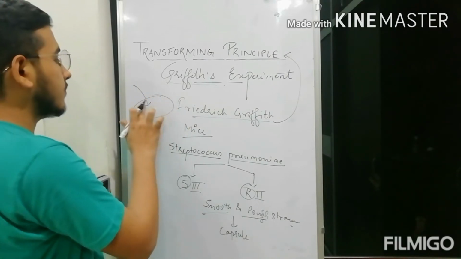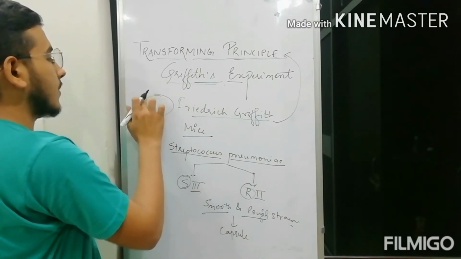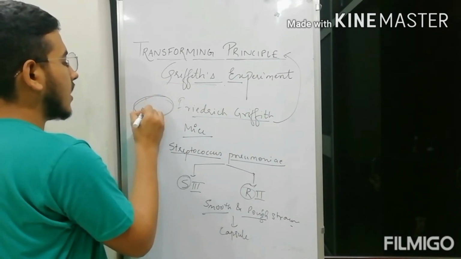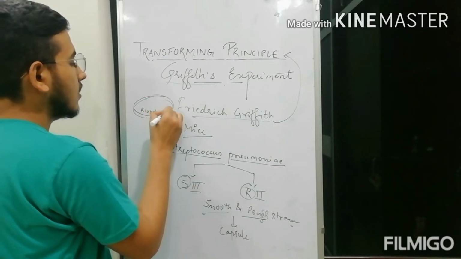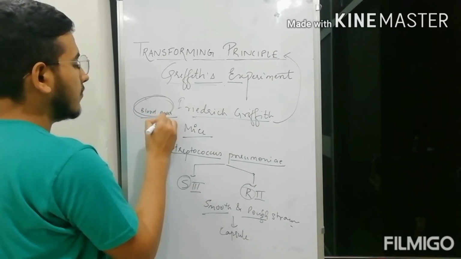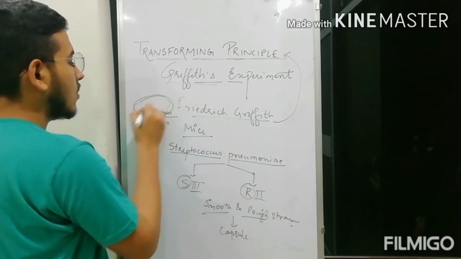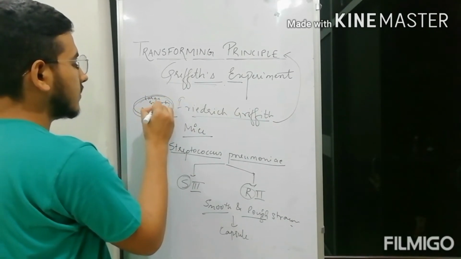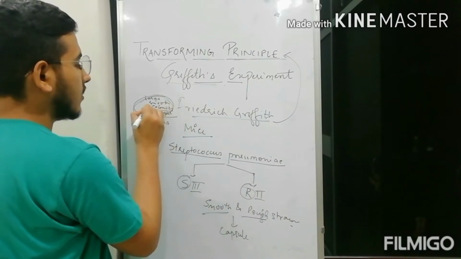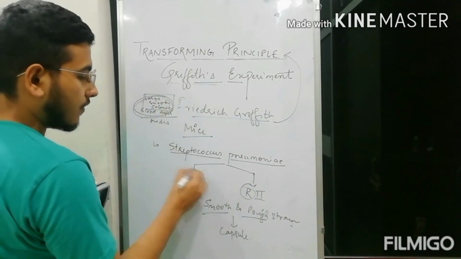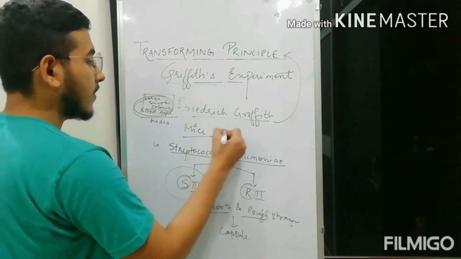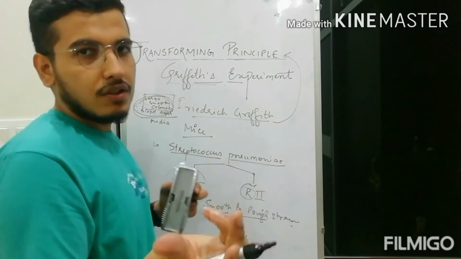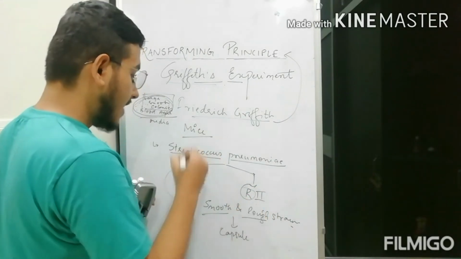When he grew Streptococcus pneumoniae on blood agar media, he saw large smooth colonies growing, which were of S3 strain type, and very few small rough colonies, which were R2 strain.